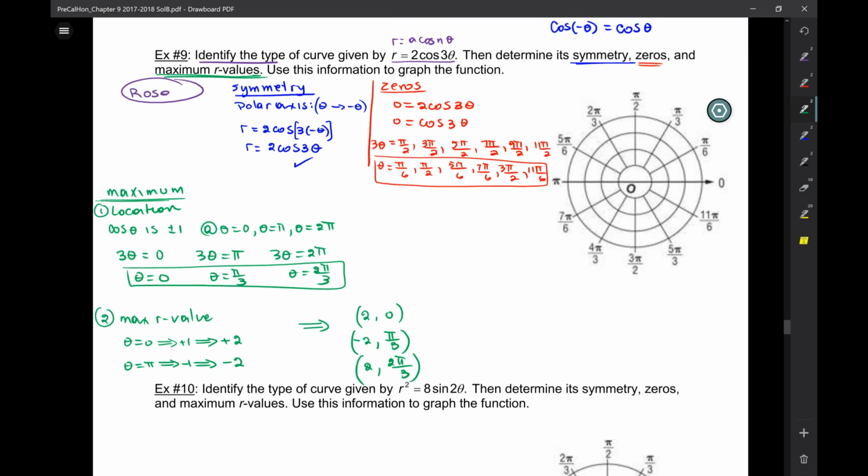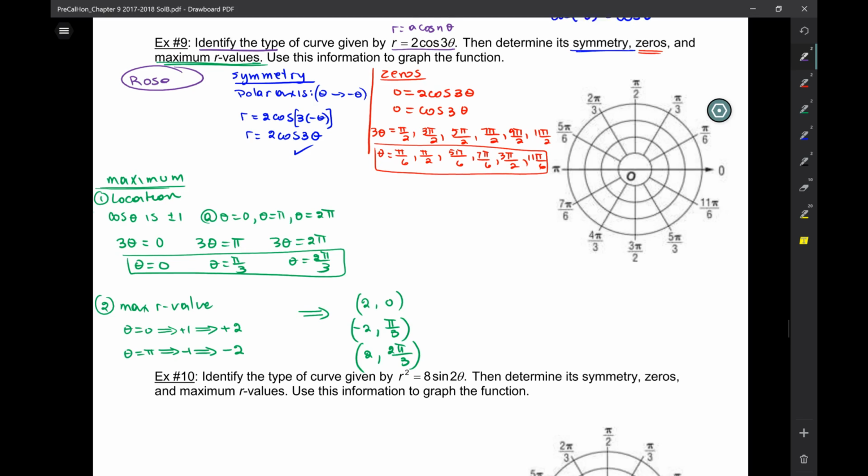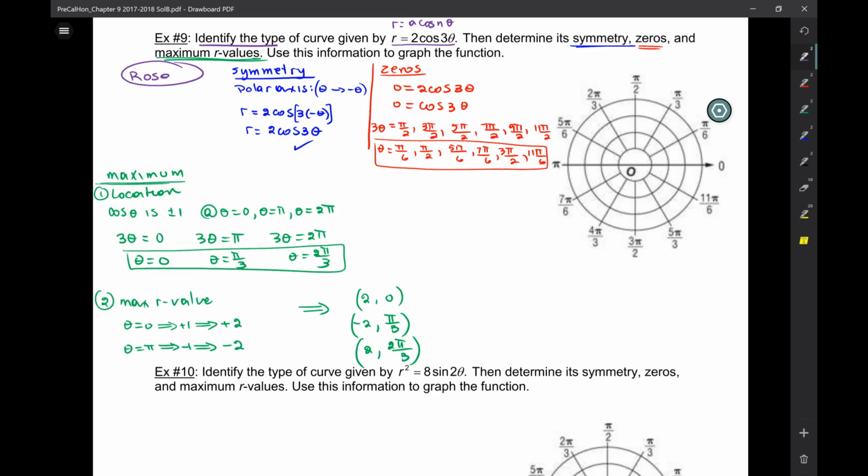Okay, so let's graph this. When you do this, I haven't asked you for points, right? I'm okay with it if you just use this. So you say, all right, so 2, we get a maximum there.